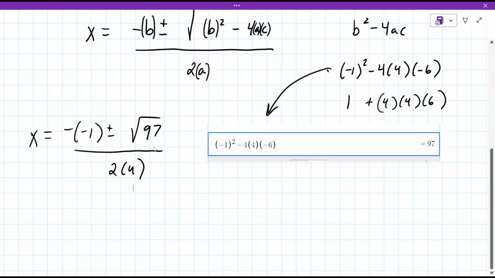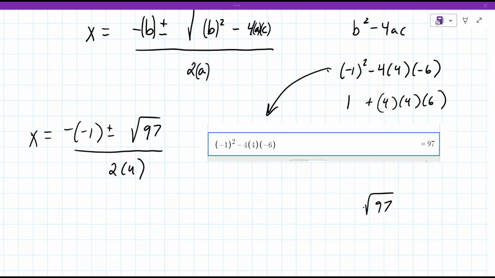Next thing is to decide, well, can you reduce the square root of 97? This is where you have to do what's called a prime factorization. I believe 97 is prime, but I'm not sure.